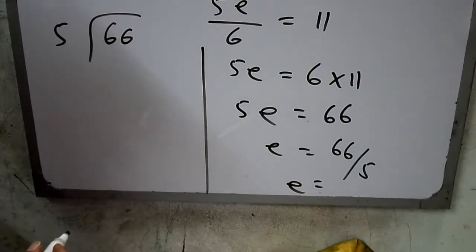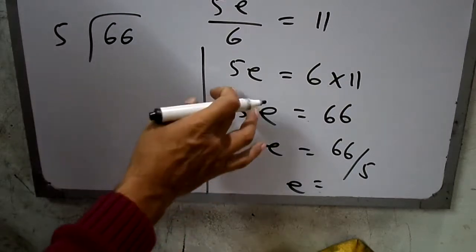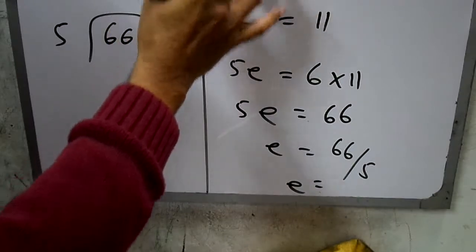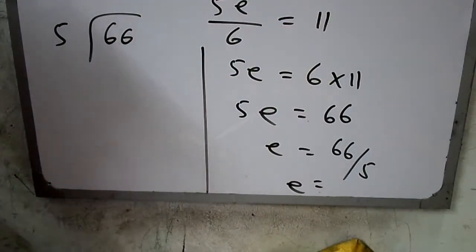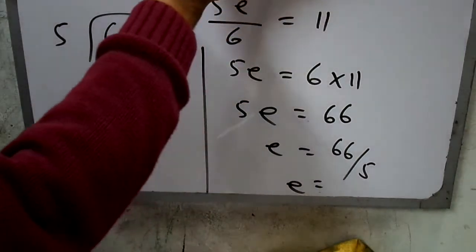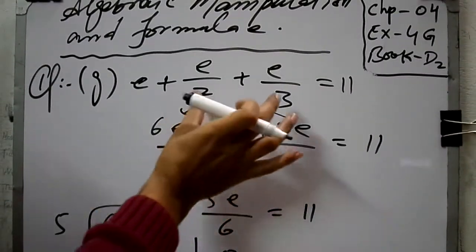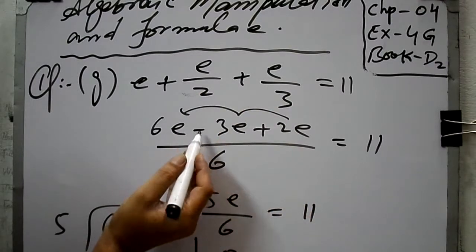Here you can see the value, why we have put here a negative sign.